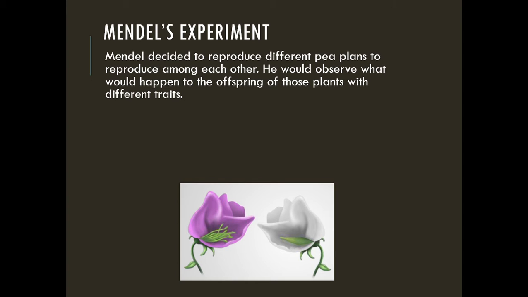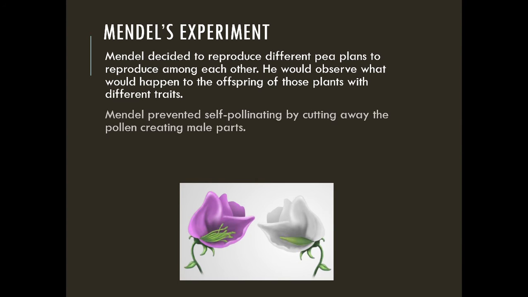Remember, traits are like characteristics that you can see. Like in this case, there is the purple trait and there is the white trait. Mendel prevented self-pollinating by cutting away the pollen-creating male parts.